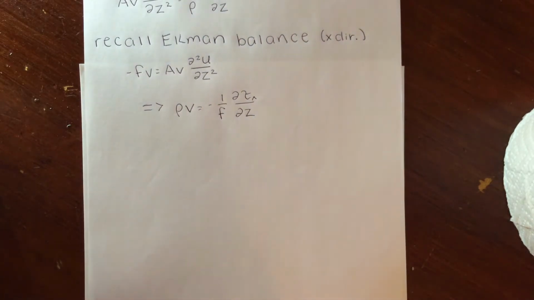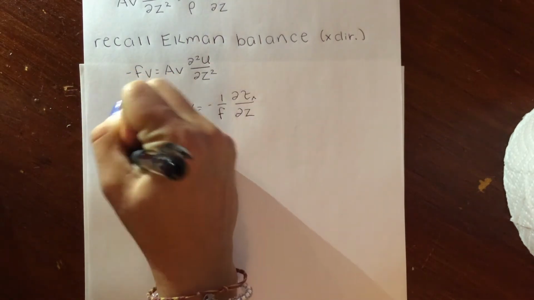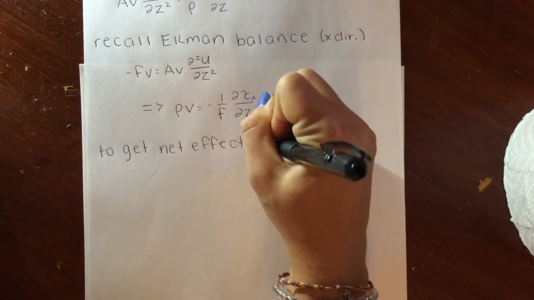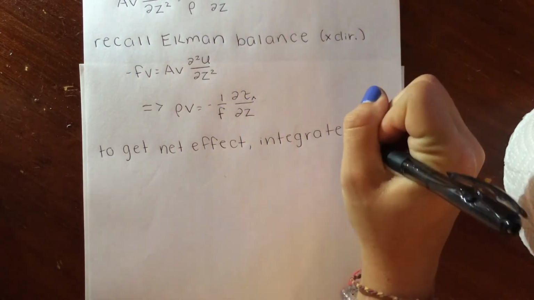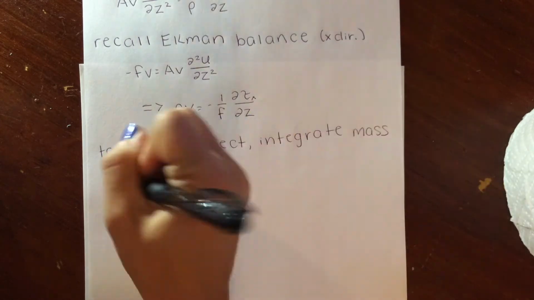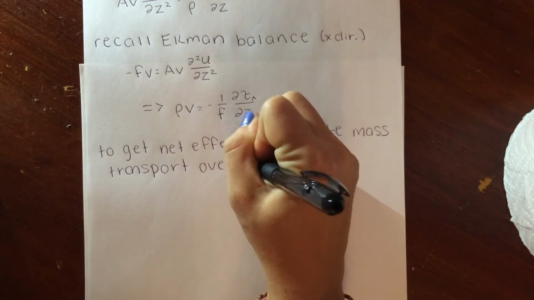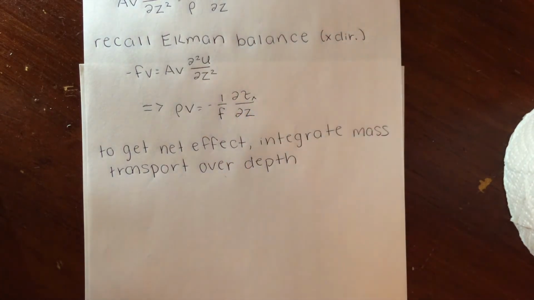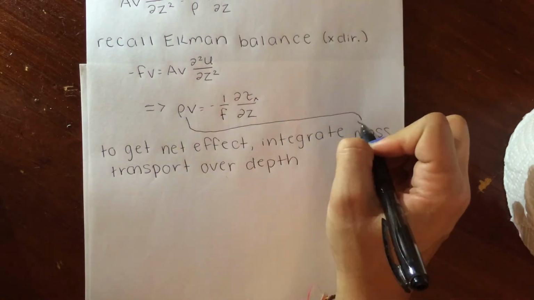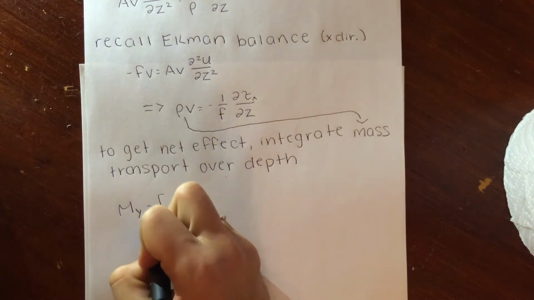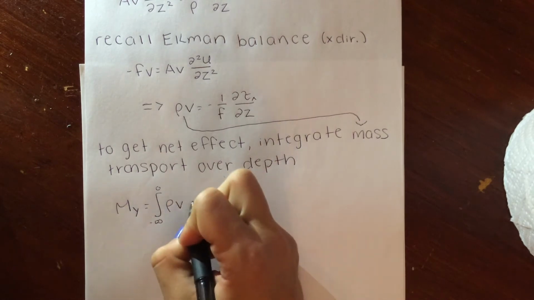So to get the net effect, we want to integrate mass transport over depth. We'll label the net effect as M, and since our velocity is in the y direction, this will be the net effect in the y direction.